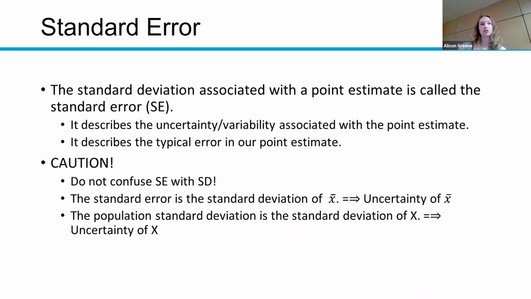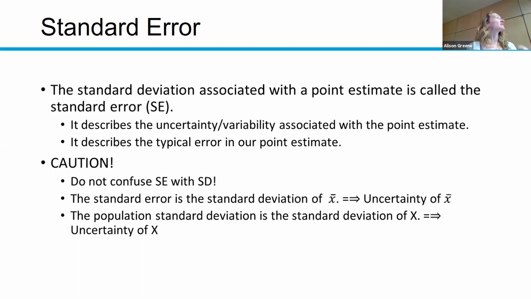The next thing that I want you to understand is the standard error. So in stats, we have a standard deviation, which is a measure of variability. Now, the standard error is the standard deviation, or the measurement of variability, of an estimate. So we take a sample from a population and we compute a sample mean.